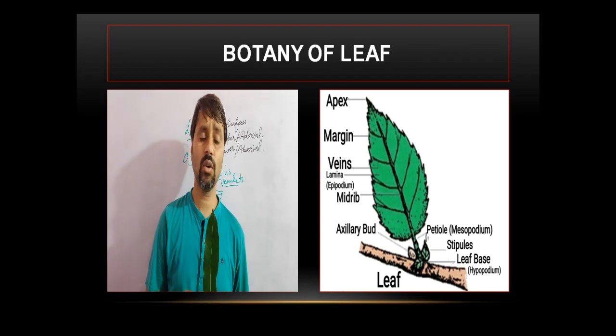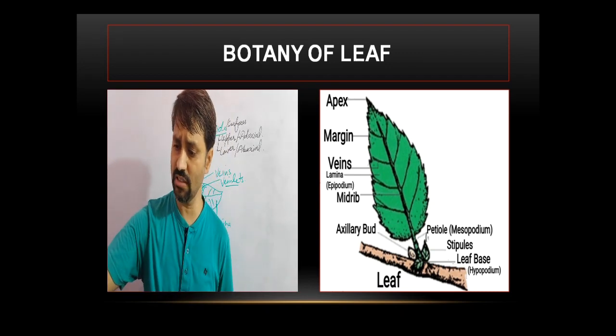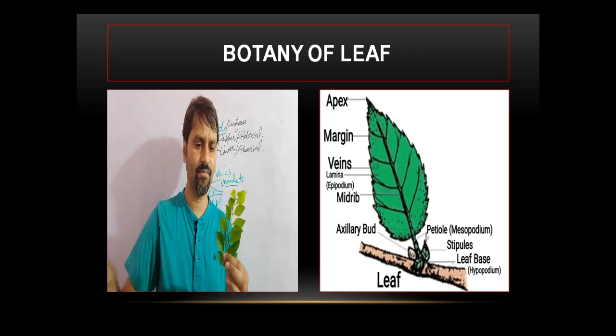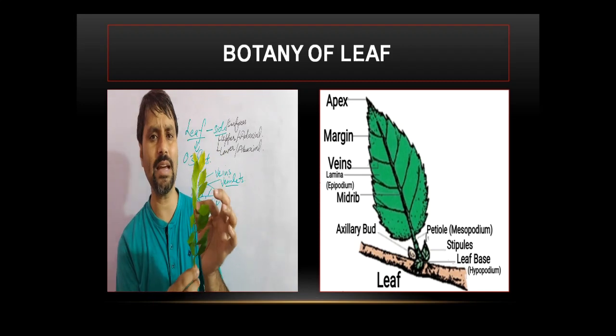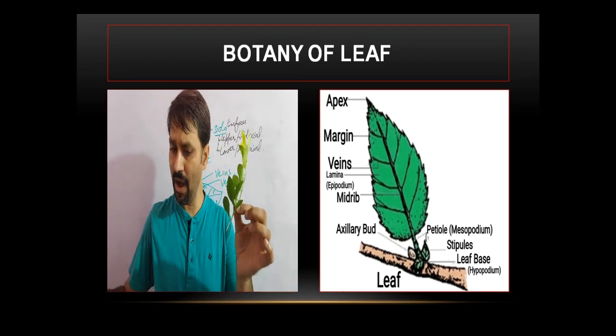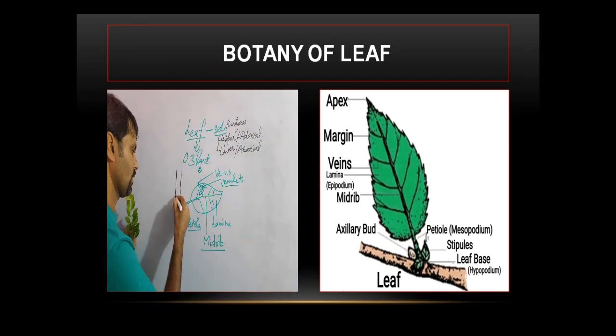Now the question is where the leaves are present. Leaves are present on the stem or its branches. See here, this is the twig of the stem. Leaves are present there. Suppose this is the stem.